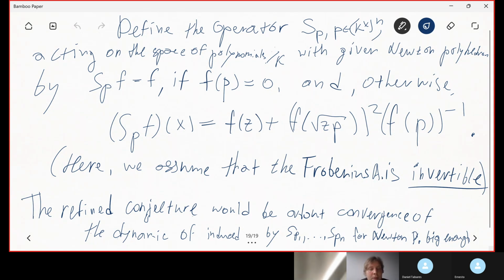But the theorem is that this SP operator is exactly the lift of the GP operator, so it shrinks the phase. The refined conjecture might be that the dynamics defined by SP for several points converges.